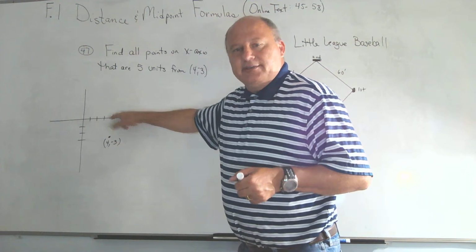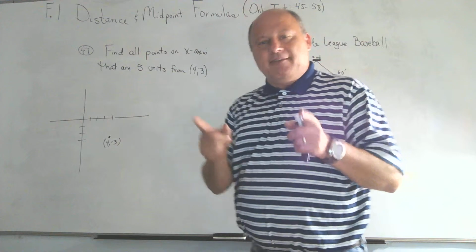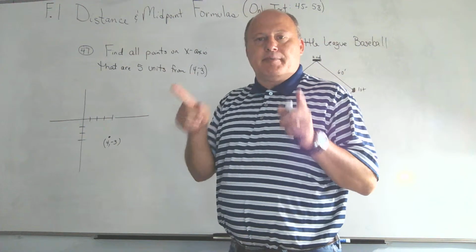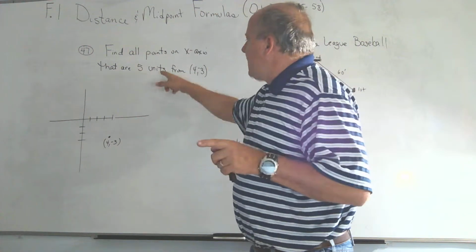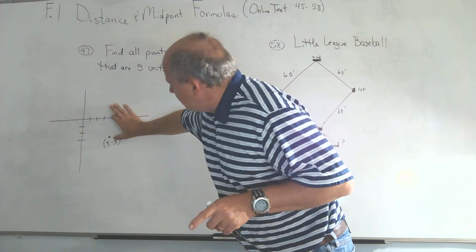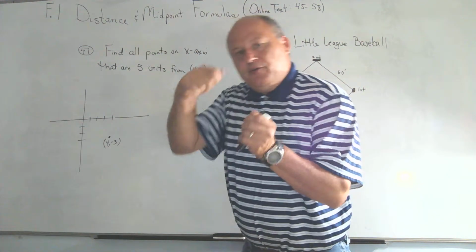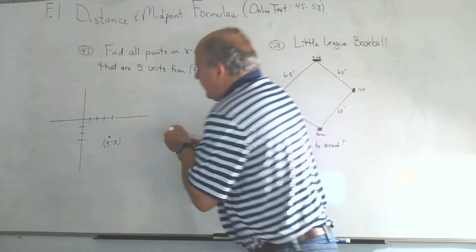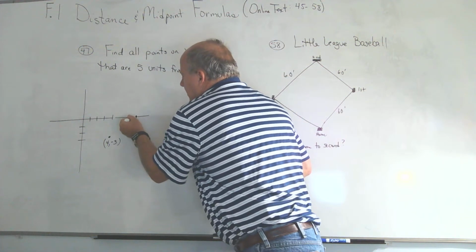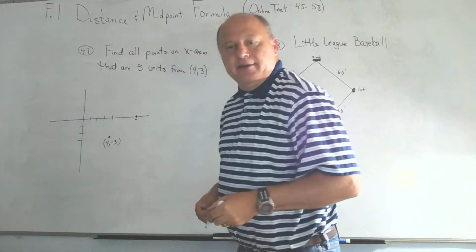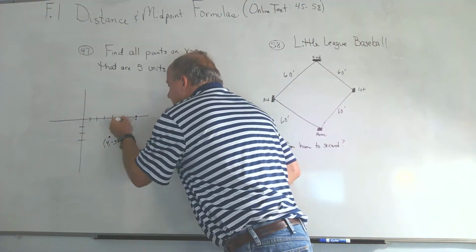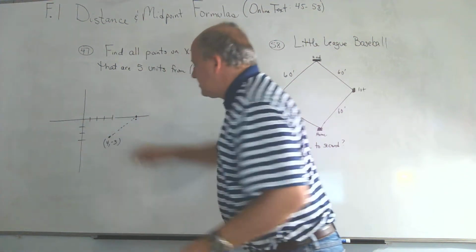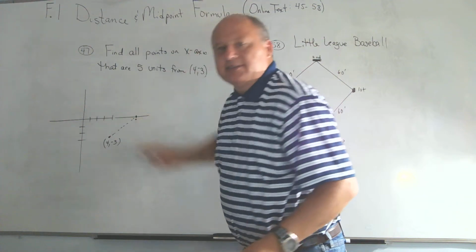So if you're going to get a 5-inch ruler, because it will be 5 units, and you try to squeeze it in here, you're not going to be able to do it. But if you tilt the ruler one way, you can find a point out here somewhere that is 5 units away, because the distance straight to the x-axis is only 3 units.